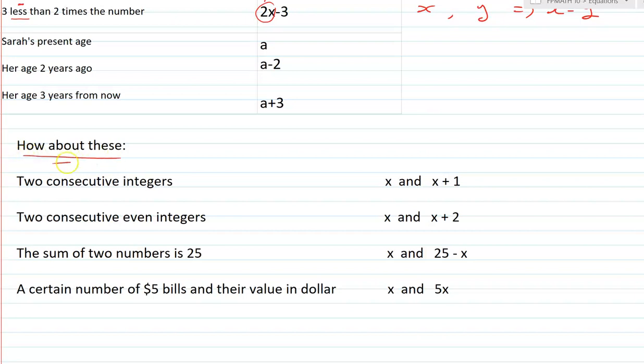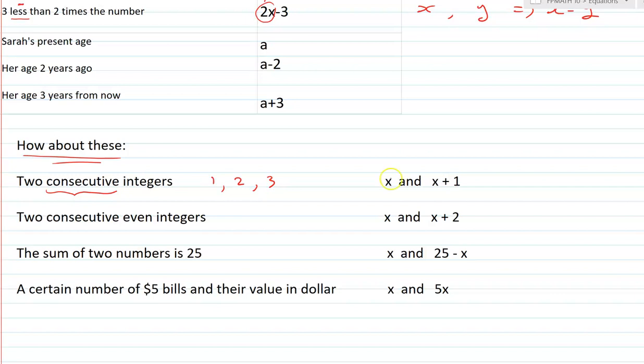Look at these examples. 2 consecutive integers. We need to decode, what is consecutive? It means one number coming right after another number. So for example, 1 and 2 and 3, these are 3 consecutive numbers. 3 comes after 2, 2 comes after 1. All right.